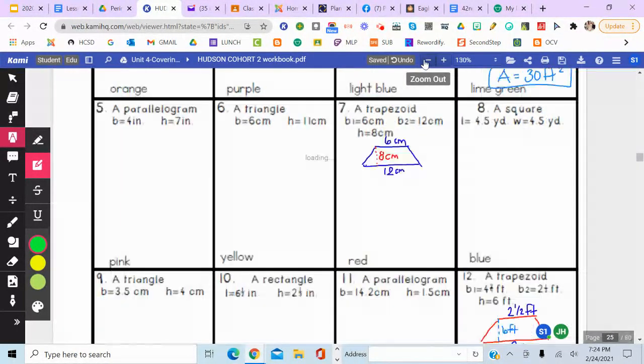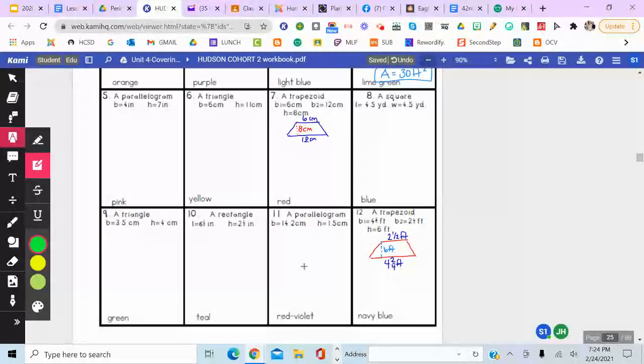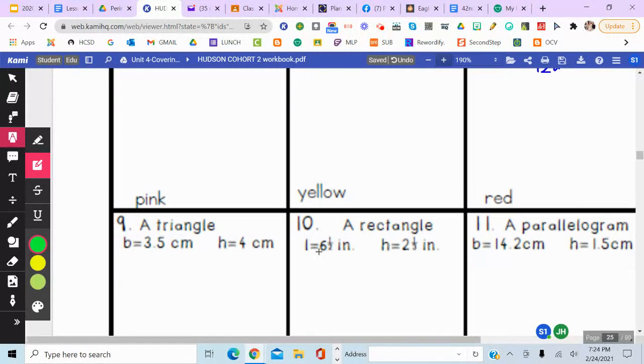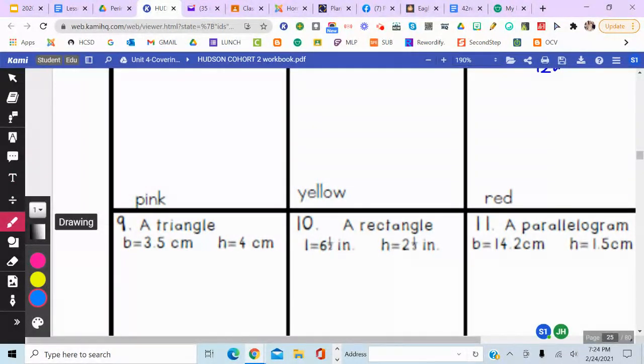Now, before I let you go, there is a typo in number 10. So actually, let me zoom back in. So in number 10, well, there's actually two typos. Instead of saying length equals 6.5 inches, it should say length equals 4.5 inches.